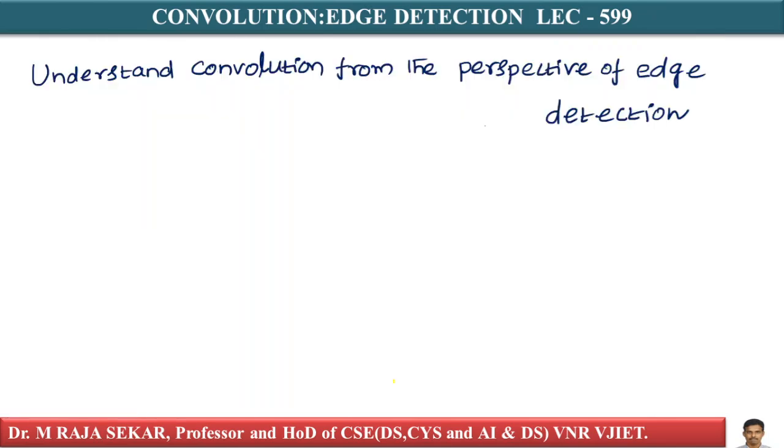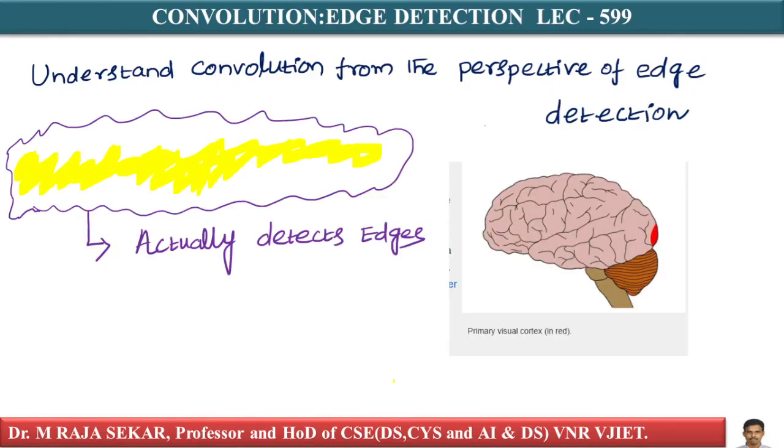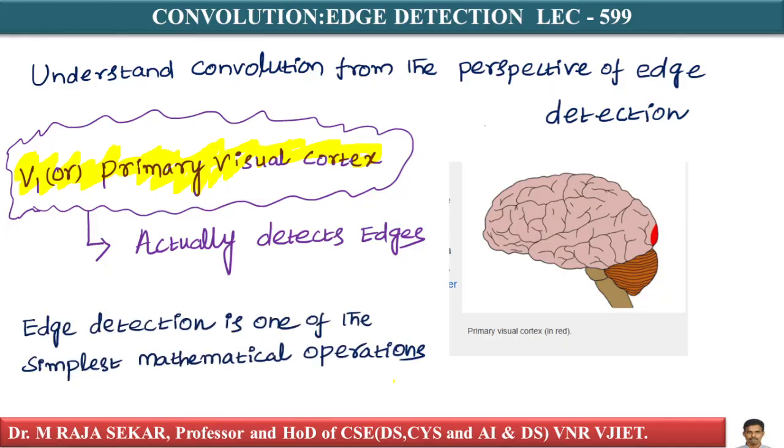Remember, edge detection is what V1 does. Just try to recall, we discussed V1 in my previous lectures. V1 is the primary visual cortex, which actually detects edges. Edge detection is one of the simplest mathematical operations.